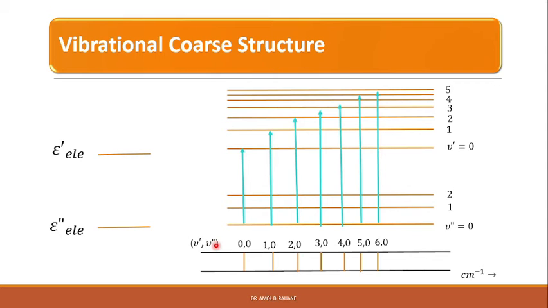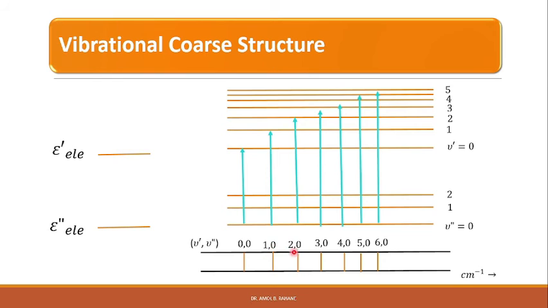This set of transitions, from any vibrational level to different vibrational levels of the upper electronic state, is called a band.